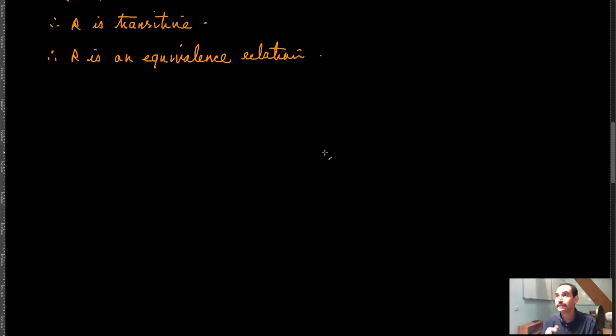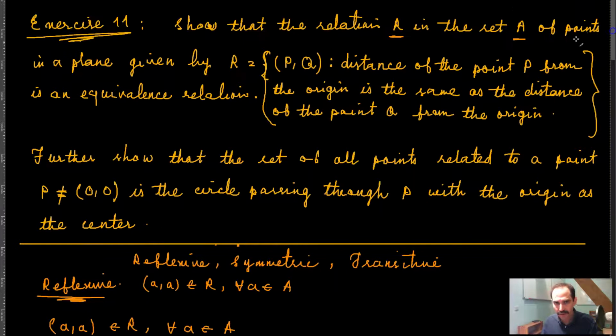Hence, this set of points forms a circle with the center as the origin, and this circle passes through the point P. That's basically what I said. So that means that this part over here is shown now, and that would be too many sentences for me to write here.